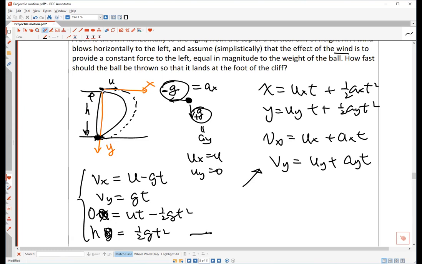Then we solve this equation and we can get the time. Putting the time into this equation, we can get the u. Then you can get your final answer. This is the speed for the object to land at the foot of the cliff.